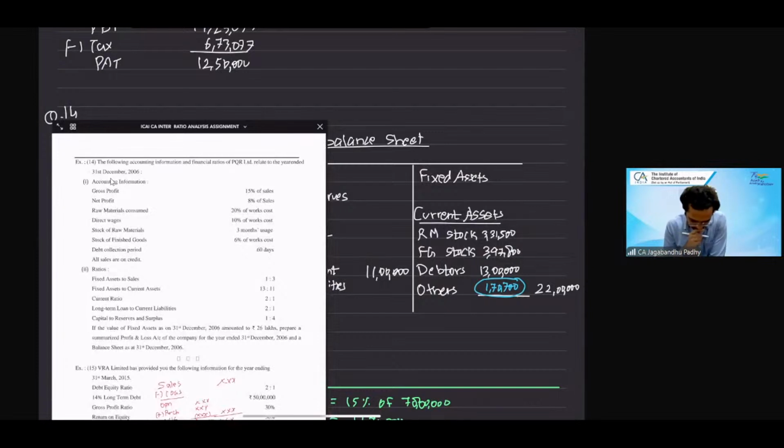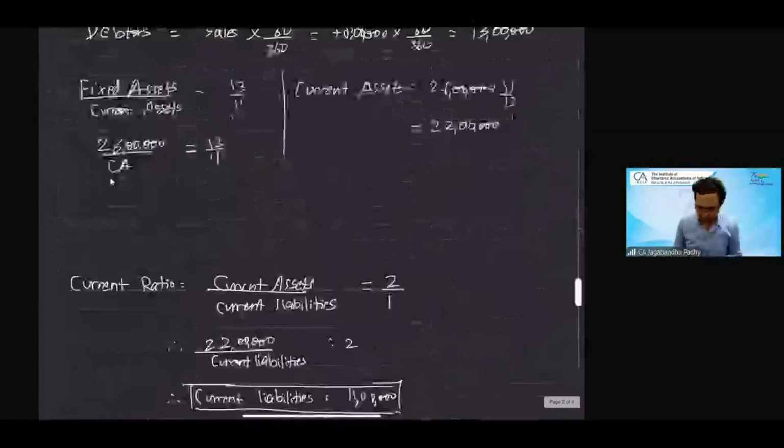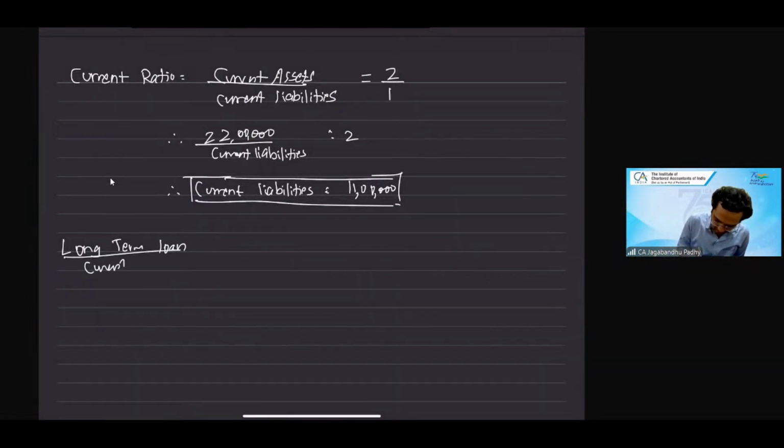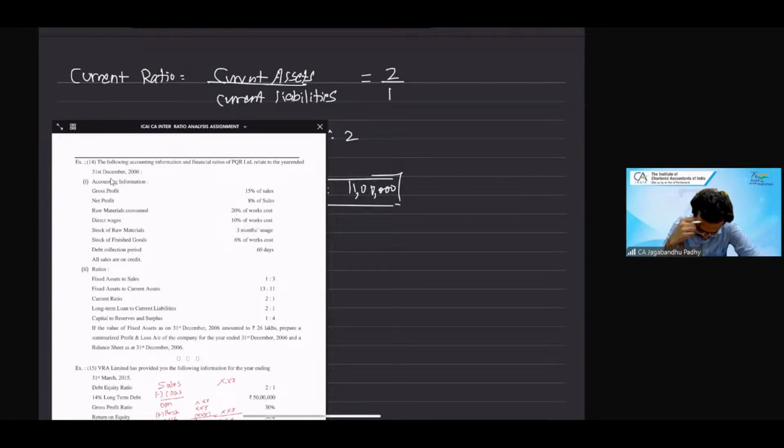Next, what else was stated? Long-term loan to current liabilities. Long-term loan upon current liabilities, the ratio is given as 2:1.